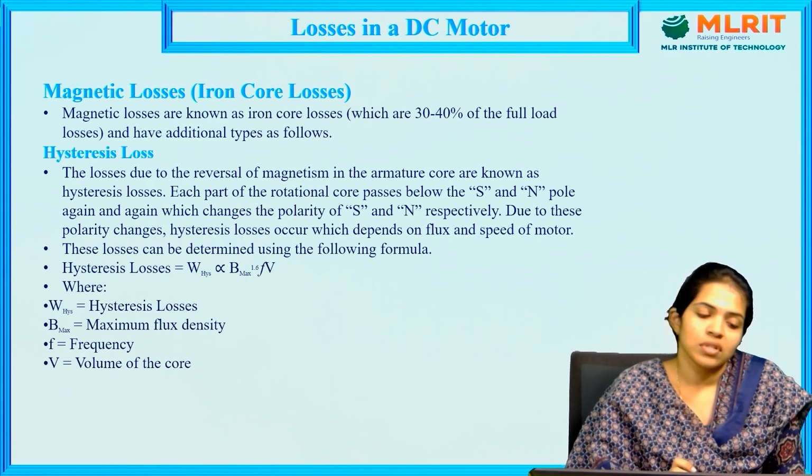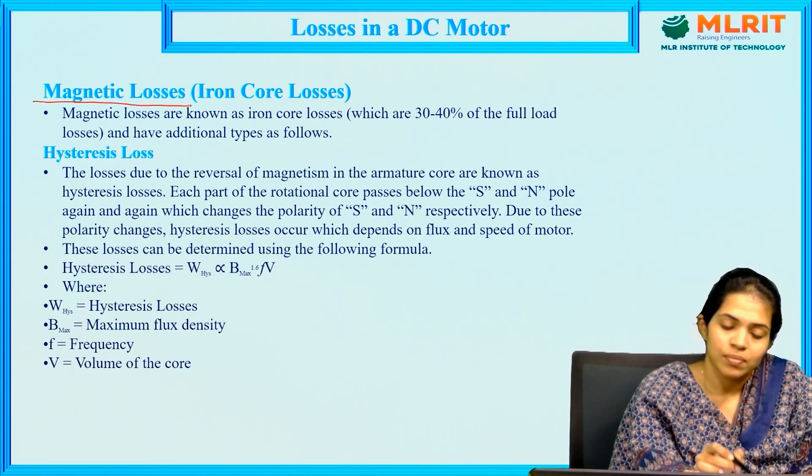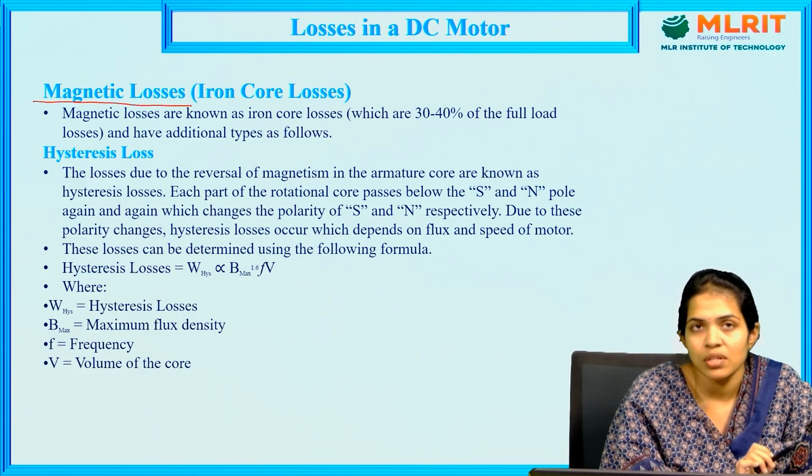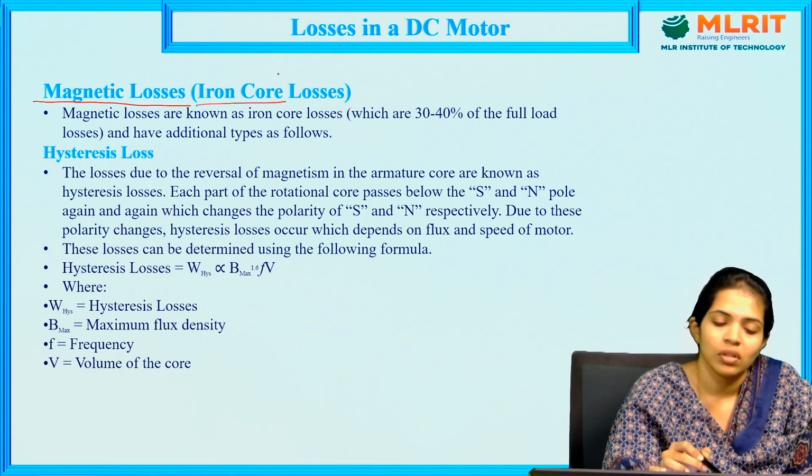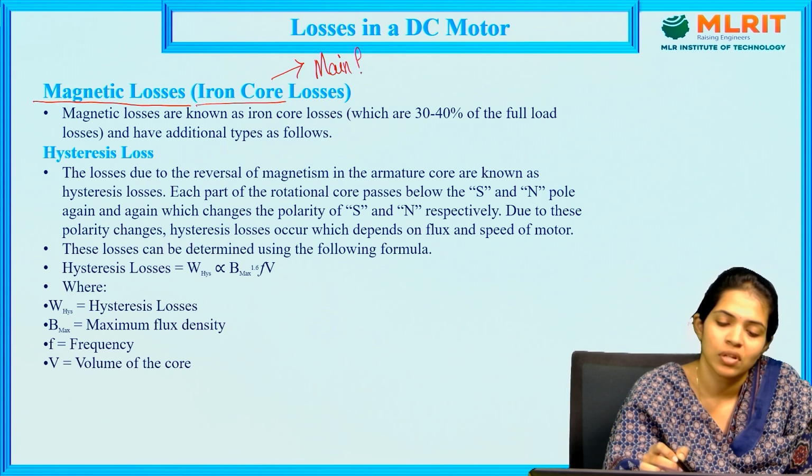The next kind of losses are the magnetic losses. We know that the magnetic losses always occur in the iron core. The main field poles are situated in the stator.